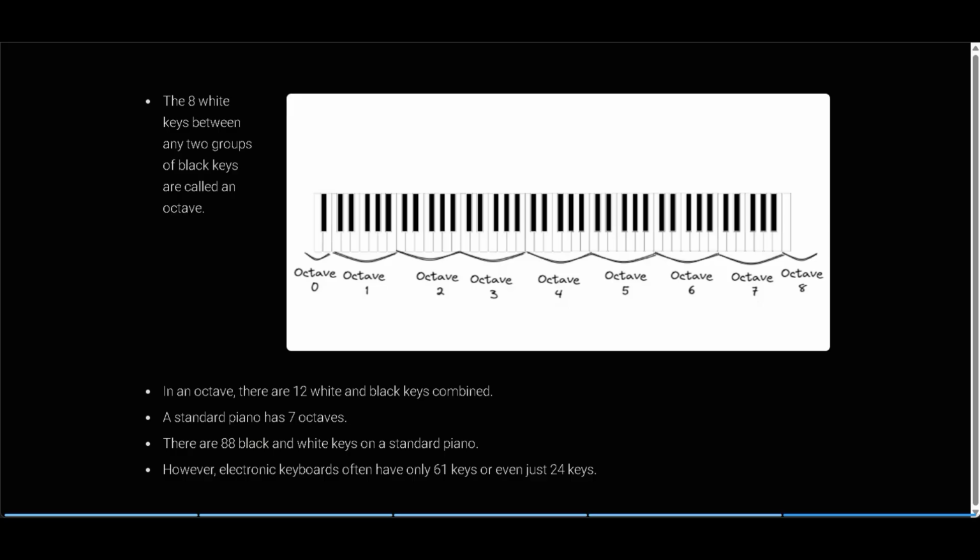MIDI keyboards are used to do MIDI related composition stuff. Electronic keyboards are used to perform actually most of the time. Pianos are also used to perform most of the time.